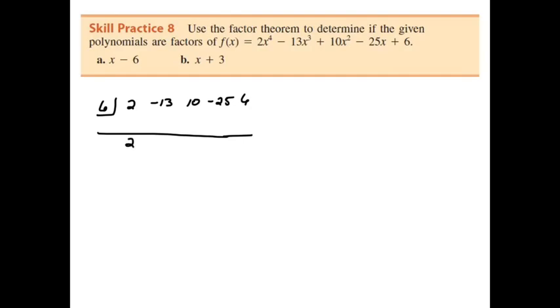We bring down the 2. 6 times 2 is 12. We add, get a negative 1. 6 times negative 1 is negative 6. You add and get 4. 6 times 4 is 24. You get negative 1. 6 times negative 1 is negative 6. And that adds to be 0. So x minus 6 is a factor.